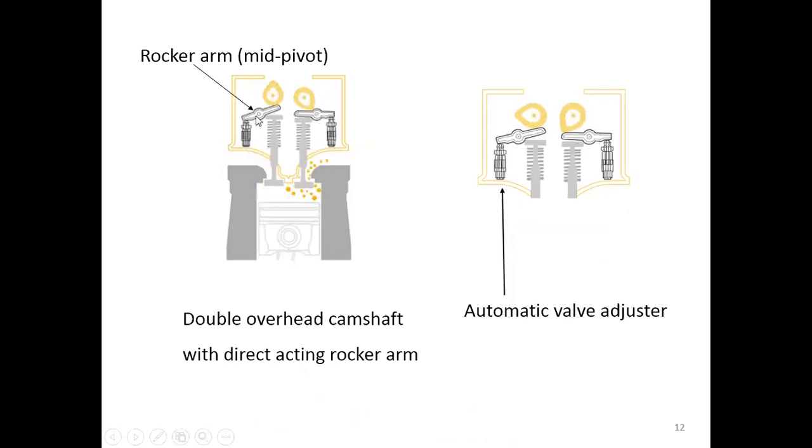I show here the rocker arm, a small one, attached to the valve tip with the automatic valve adjuster, to make sure that they always have a close contact with each other every time this mechanism works. This automatic valve adjuster makes sure that the close contact happens, no matter how long you use this engine.